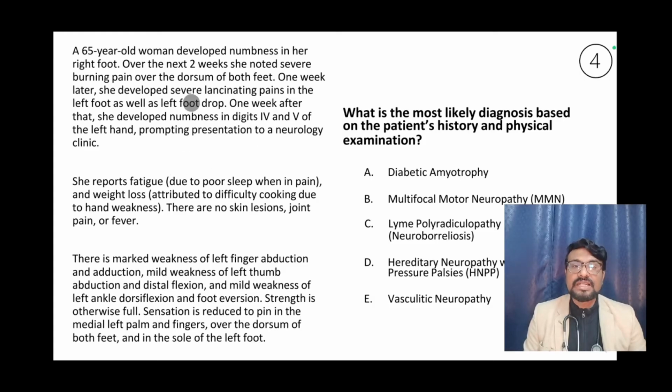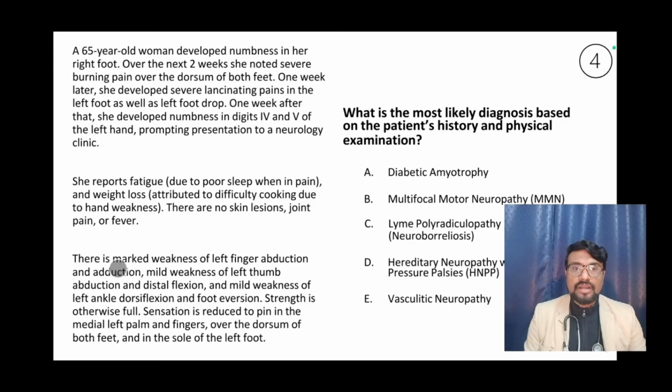With this presentation, she visited a neurologist. She reported fatigue due to poor sleep because of pain, and weight loss because of difficulty cooking due to hand weakness, and there were no skin lesions, joint pain or fever.